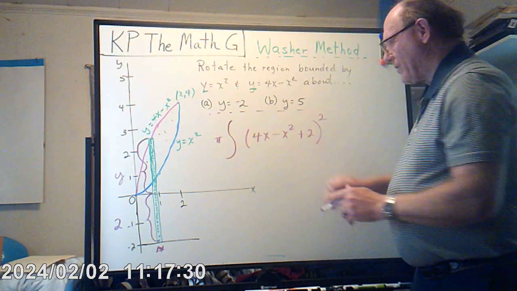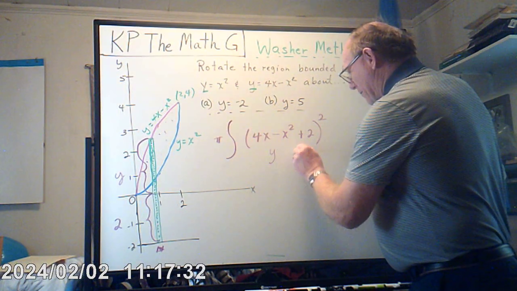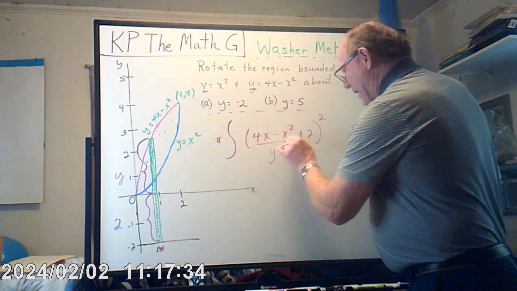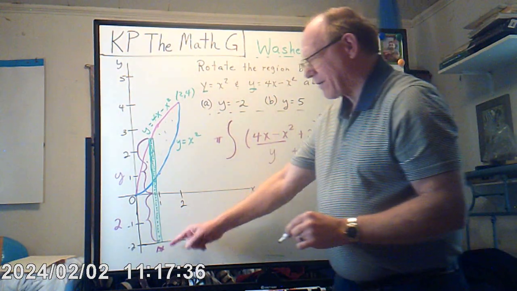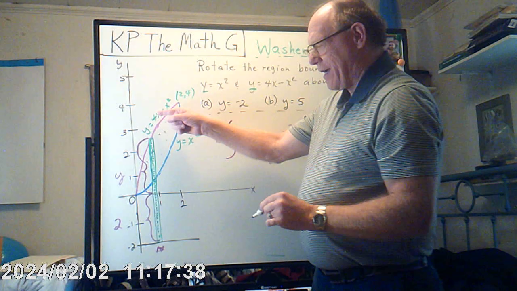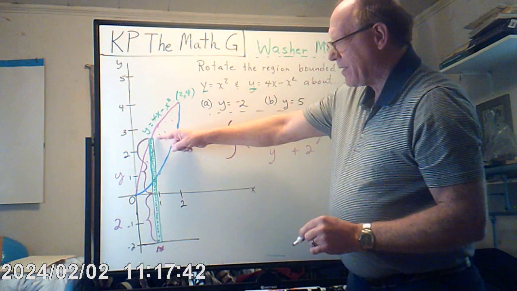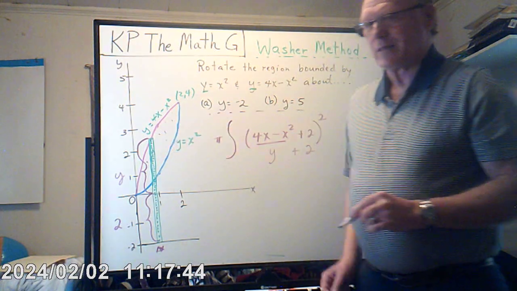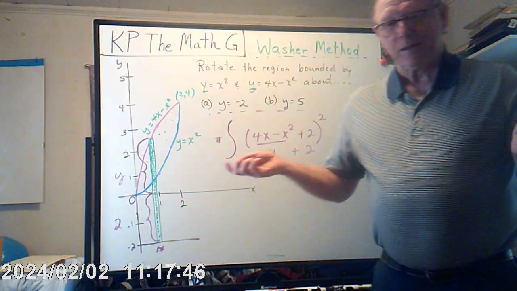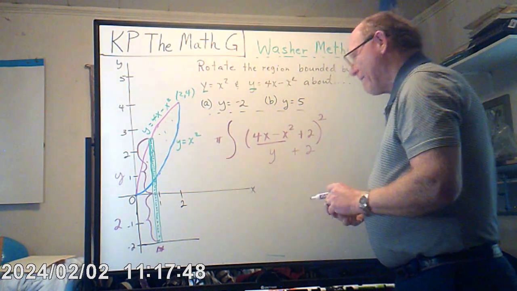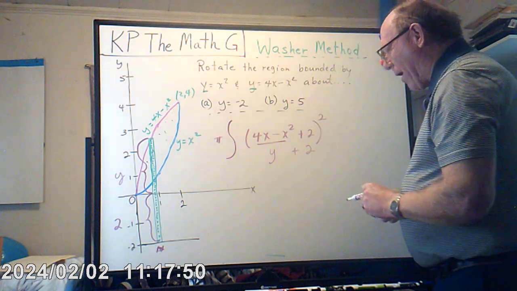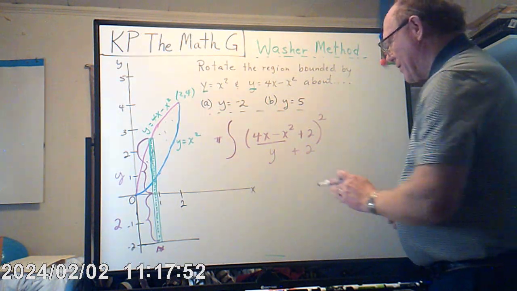That's your first one, y plus 2. That's the big radius we're talking about. We want to go all the way from -2 to this height here. That's just as simple as that.